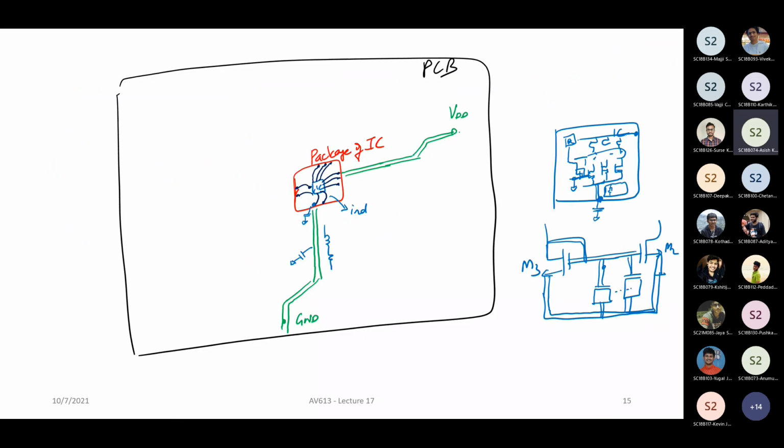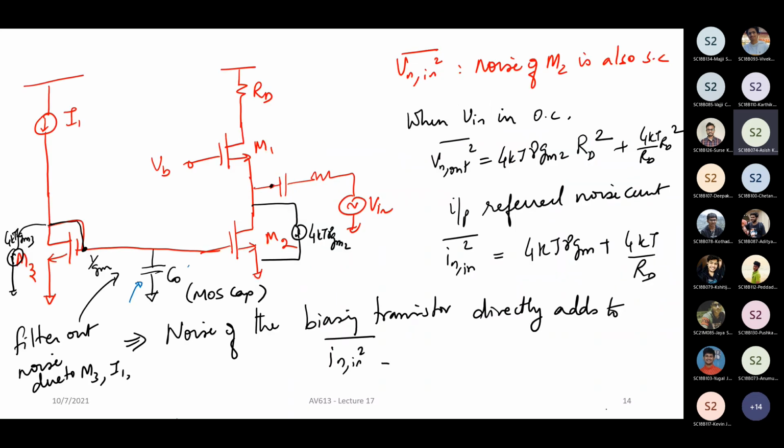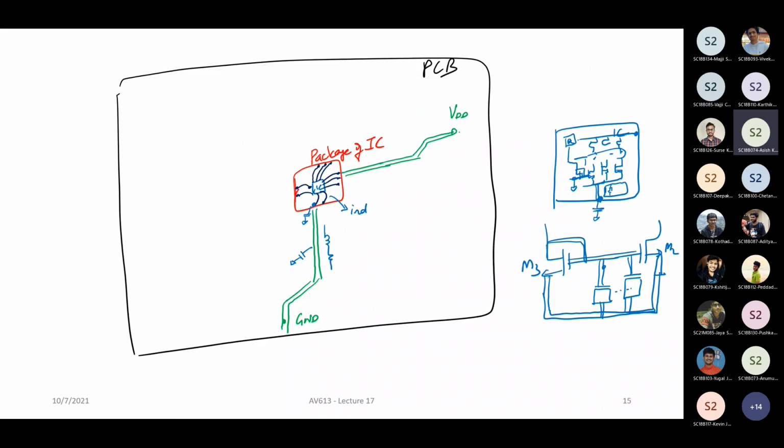Yes, sir. So all these capacitors will be added into the node, right? The other capacitors which are outside the chip, because this is not a perfect ground. It will not be added to the chip because this whole wire is only a ground wire, which comes out to the outside of the IC.